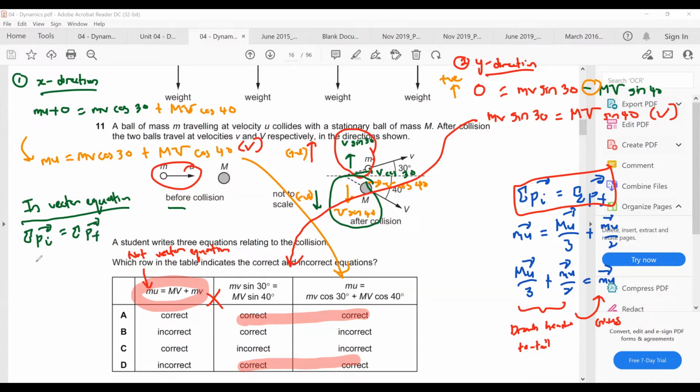This one will just be vector mu equals to vector mv plus vector mv.